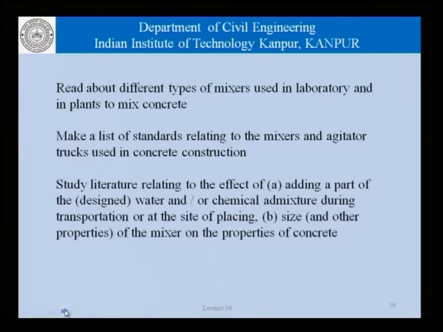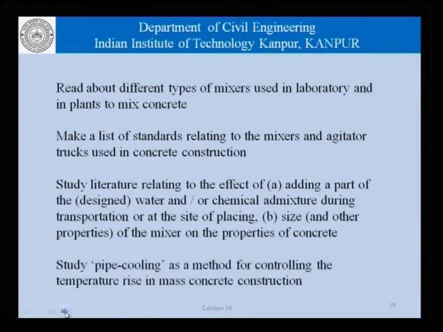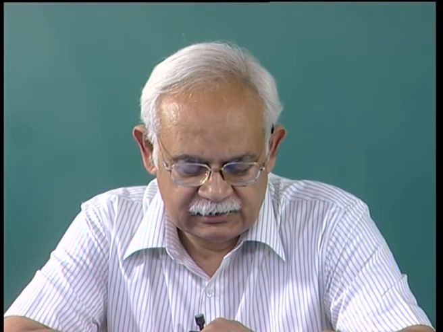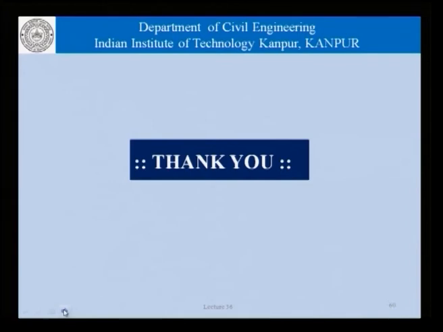Or we could study literature which relates the size and other properties of the mixer to the properties of the concrete that is obtained. And one question for the mass concrete part: study pipe cooling as a method for controlling the temperature rise in concrete construction, especially mass concrete construction. Thank you.